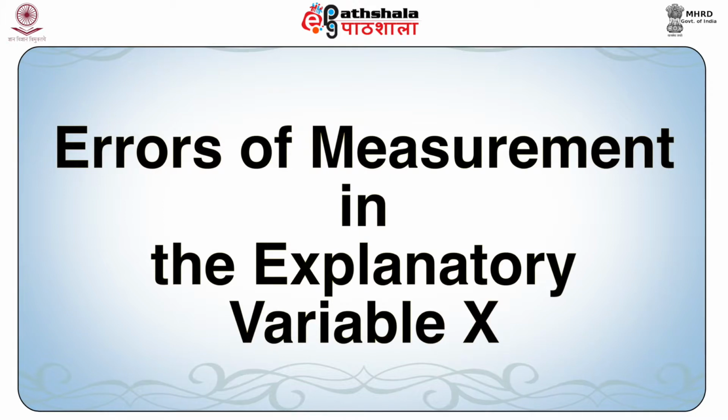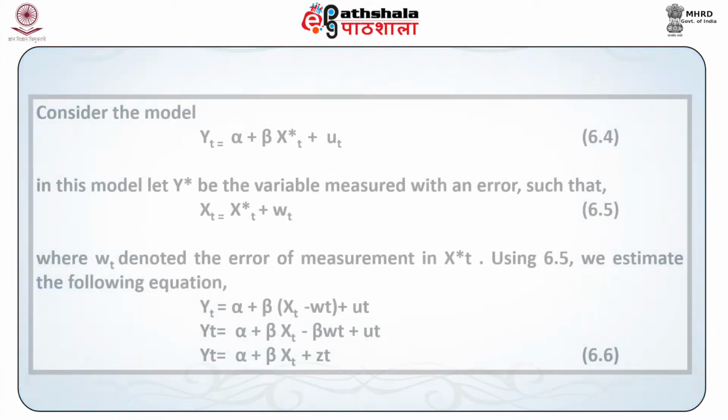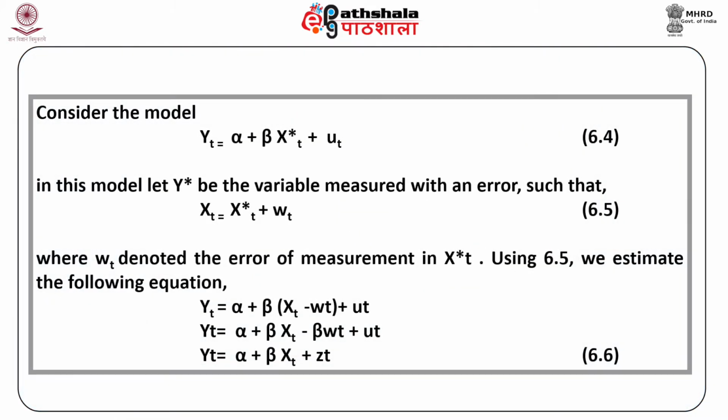Errors of measurement in the explanatory variable. Consider the model y_t is equal to alpha plus beta x_t star plus mu_t. In this model, let x star be the variable measured with an error such that x_t is equal to x_t star plus w_t, where w_t denotes the error of measurement in x_t star.